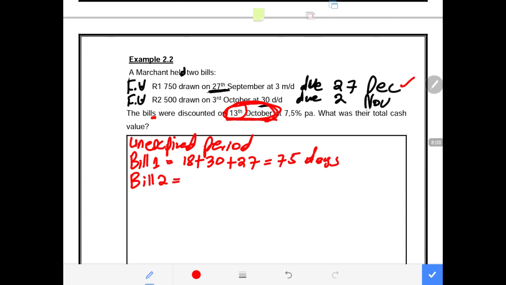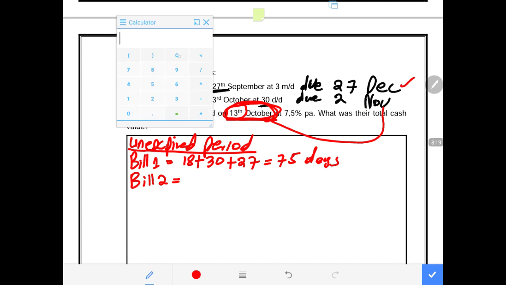Then we're calculating bill number 2. We're calculating the unexpired period for bill number 2. Now this bill was discounted on the 13th of October and it is due on the 2nd of November. So what do we do? We say October is how many days? 31 days. 31 minus 13 gives us 18, obviously. That means the month of October will still be 18 days plus the month of November.